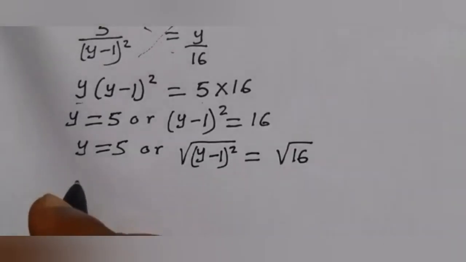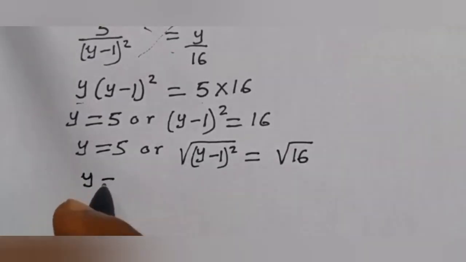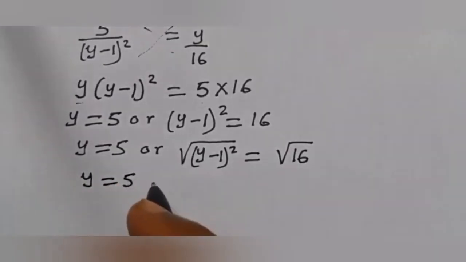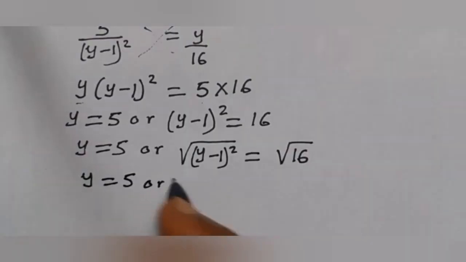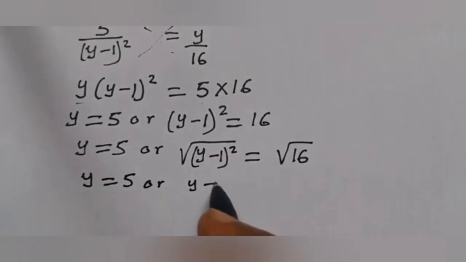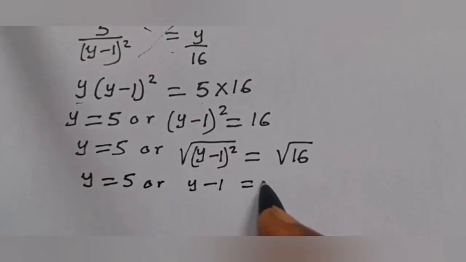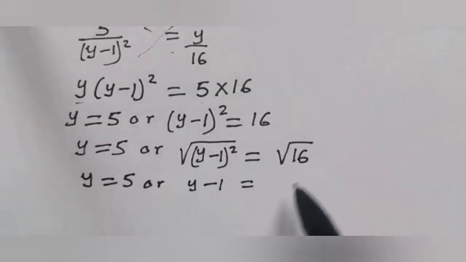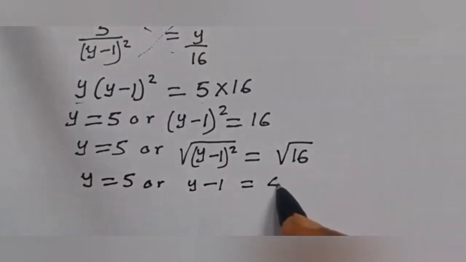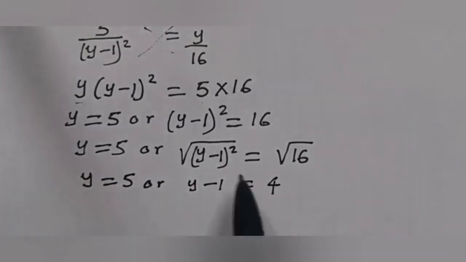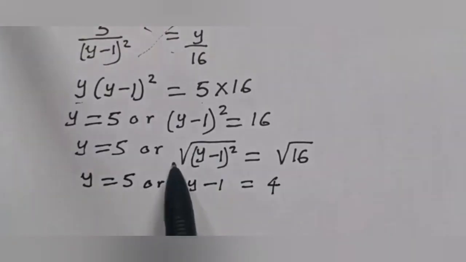So we have y equals 5 or y minus 1 equals the square root of 16, which is 4. As you know, this radical sign cancels with this 2.